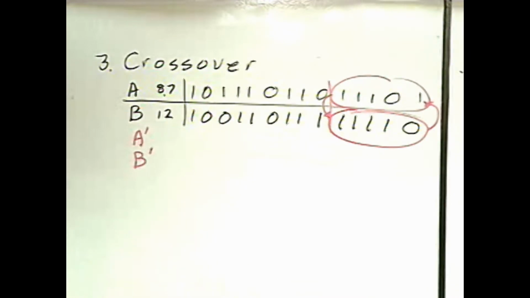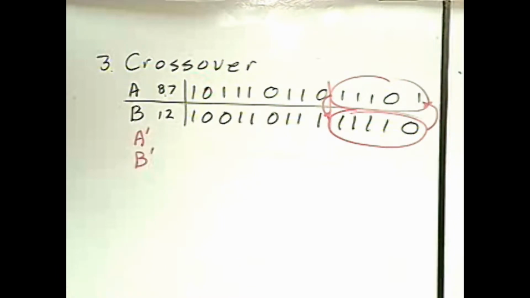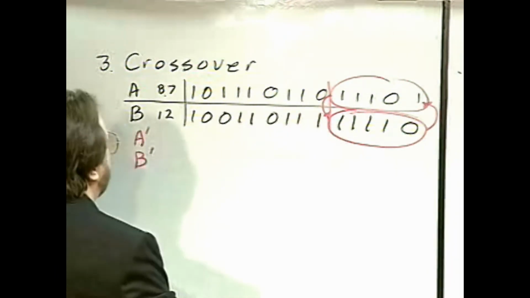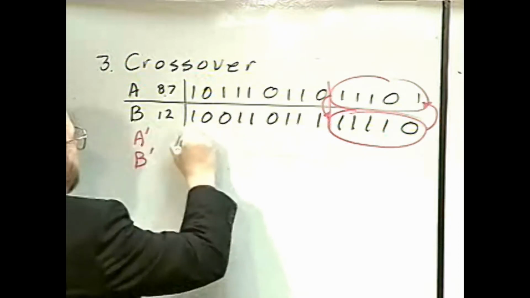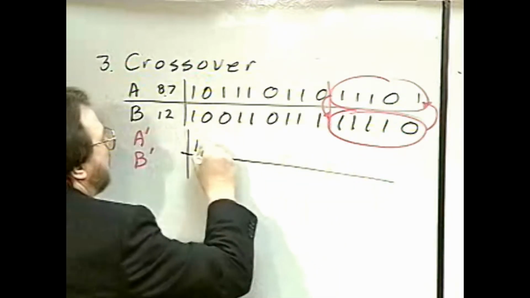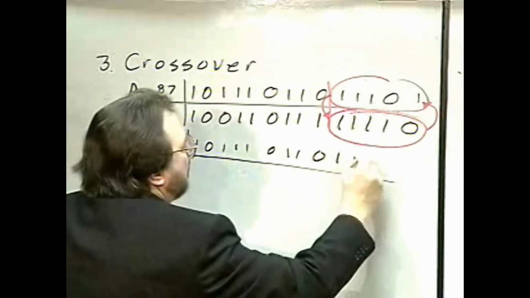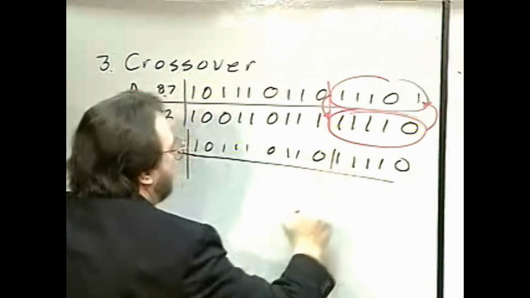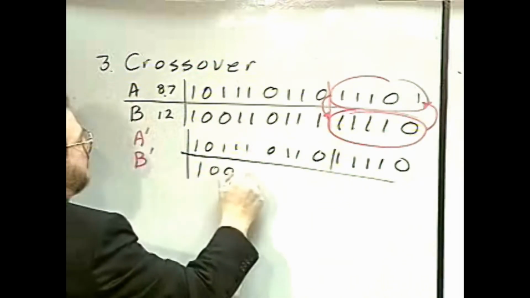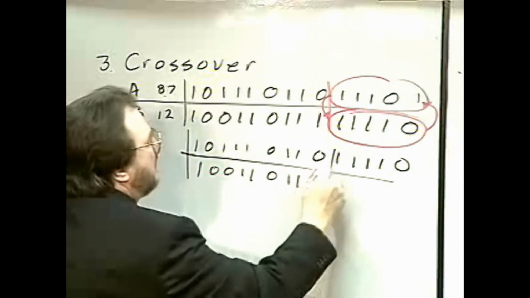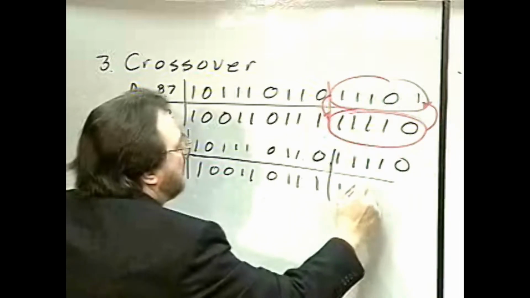Do you understand the concept? So we choose a point at random, and then we swap so that A prime would be 1, 0, 1, 1, 1, 0, 1, 1, 0. And then we would bring these up here. 1, 1, 0, right? And on the bottom, we bring these down here.